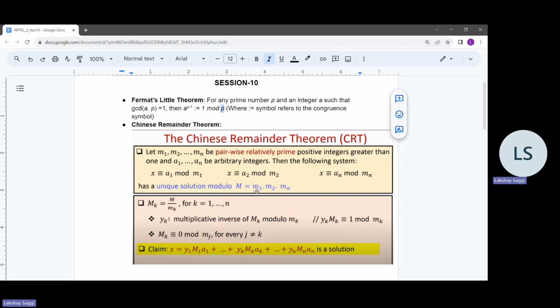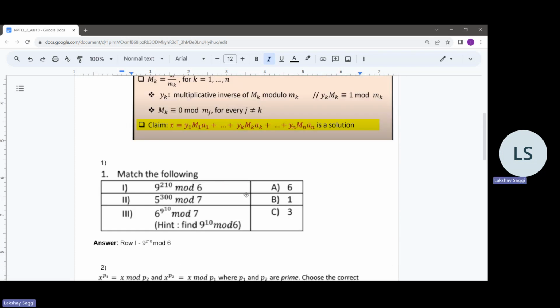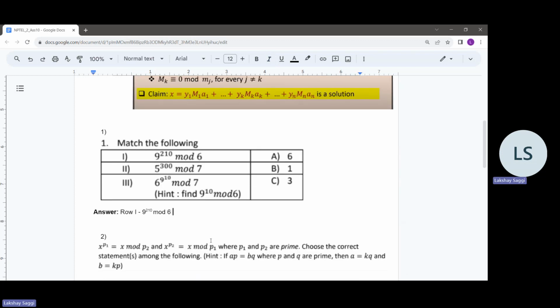So if we take M1 as 2 and M2 as 3, then we'll have capital M as 6, and we'll obtain the required value. I'm just putting this at a very high level, giving you an intuitive idea of how to approach these problems. We'll solve these properly instead.